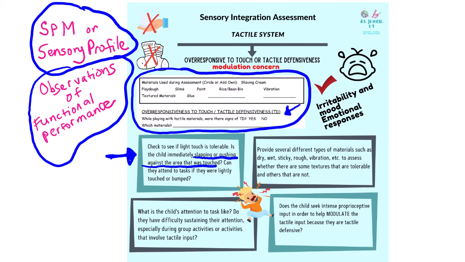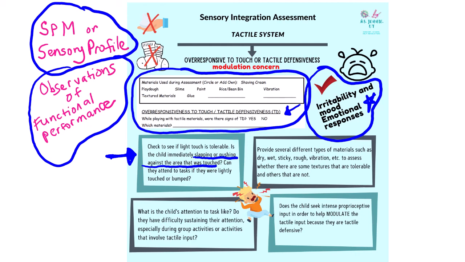So here also, especially for kids that are tactilely defensive, it's important to check on their emotional responses, their irritability and mood, because typically if they have very severe tactile defensiveness, there will be a lot of emotional responses going on. These are the kids that, if something is just not going their way, it's because they lack control of their environment.